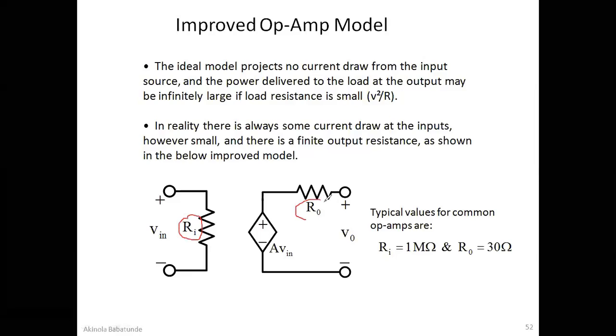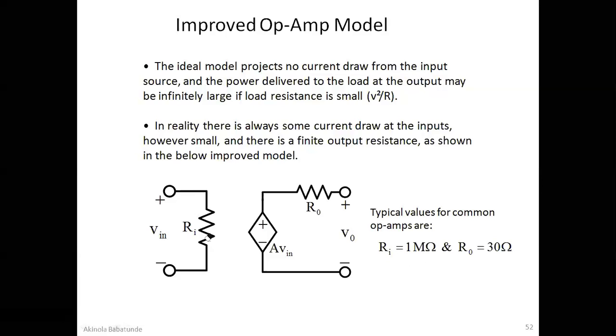These are two resistances that have just been introduced. Ri will be 1 mega ohm and Ro will be 30 ohms. These are usually chosen as standards all the time. If it's going to change, they would let you know, but this is a standard. Typically, the values for Ri and Ro are 1 mega ohm for Ri and 30 ohms for Ro.